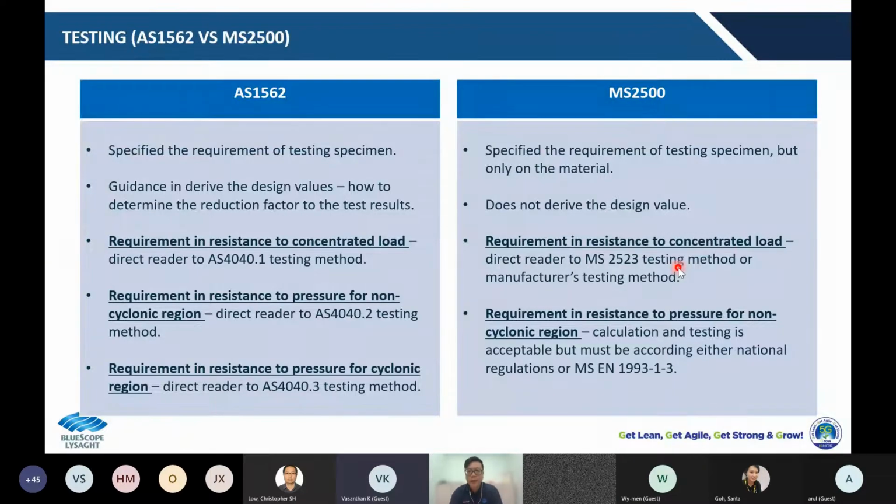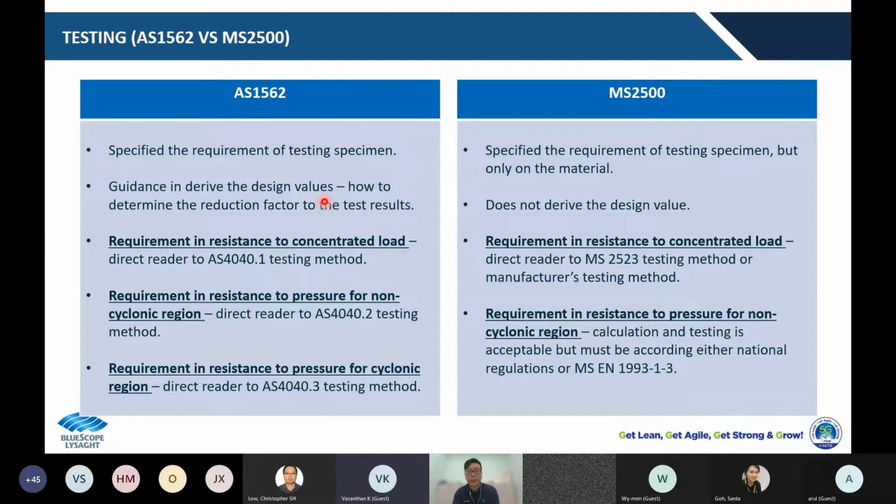Regarding this section on testing, both standards show a lot of similarity, although some minor differences are found. For example, AS1562 specifies that the testing specimen is more on the fabrication of the profile and the full assemblies that may affect the mechanical performance during testing.